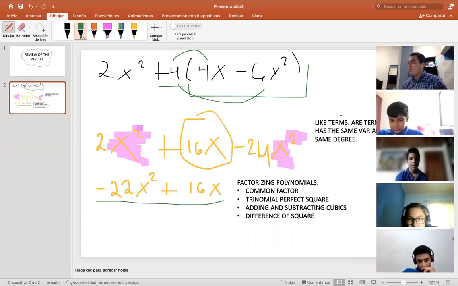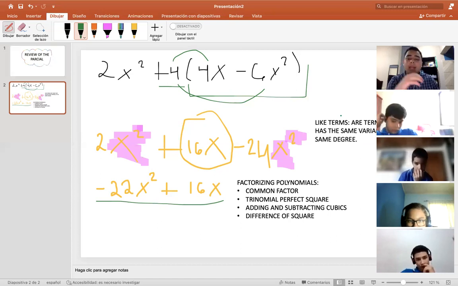A binomial when we have cubics and they are adding or subtracting. What is a trinomial perfect square? Well, the name tells us: a trinomial that has perfect square roots. But what is a common factor, guys? Diego Lobo, what is a common factor?